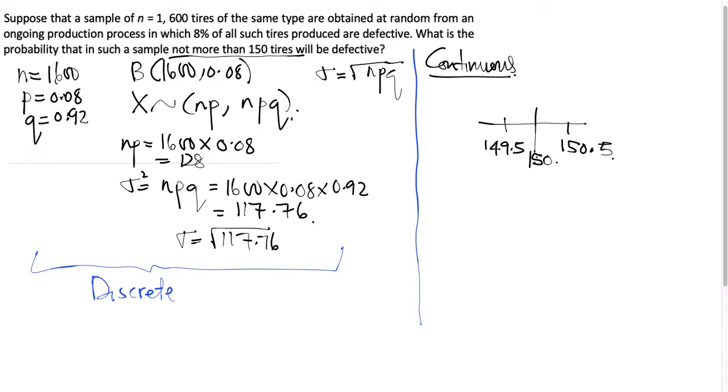So which bound do I take? P(X) is less than or equal to 150, so remember you have to take the upper bound, 150.5.